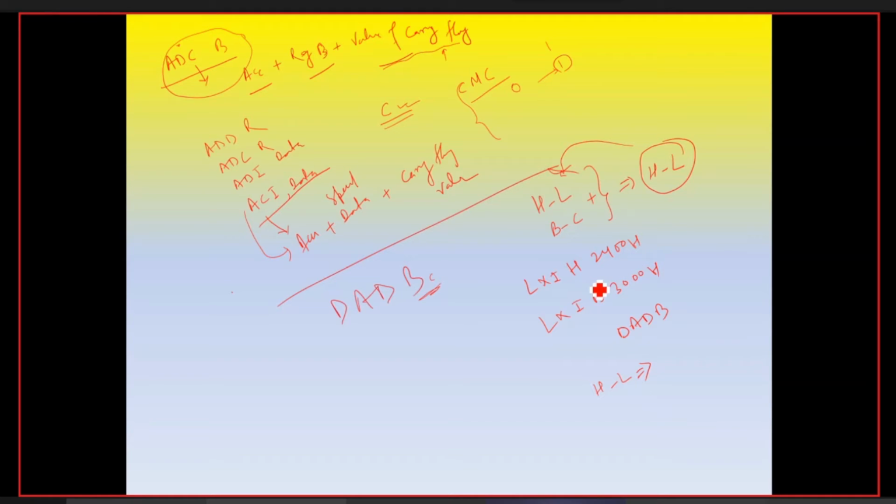It is the addition of the content of the HL register and the content specified by the register pair, and the result of this addition will move to the register pair HL. So after this DAD B, what will be the value of HL?